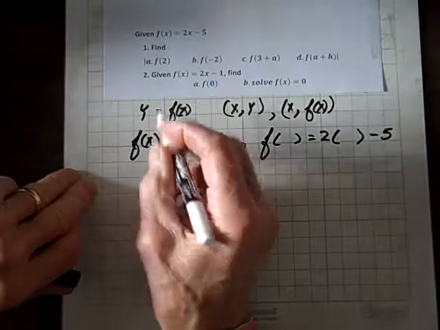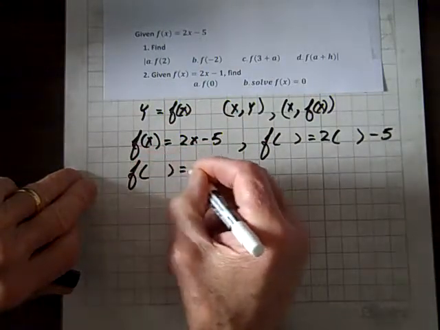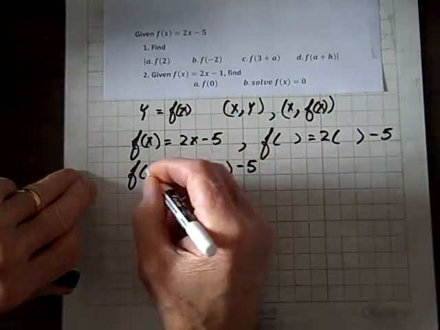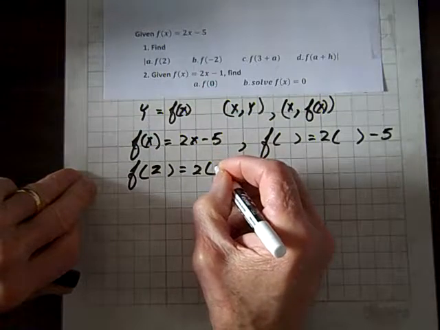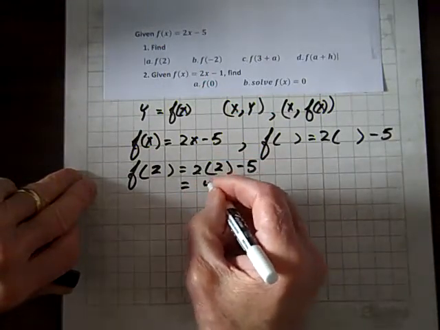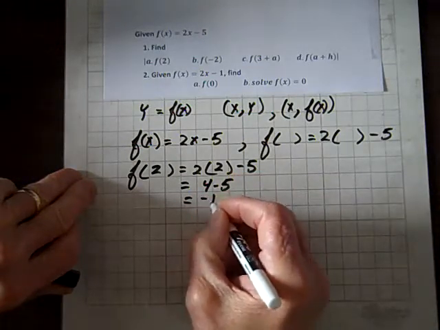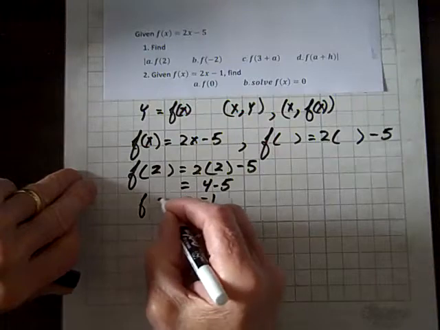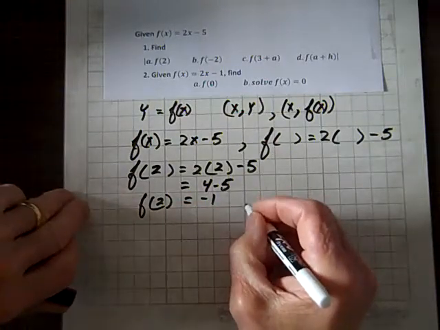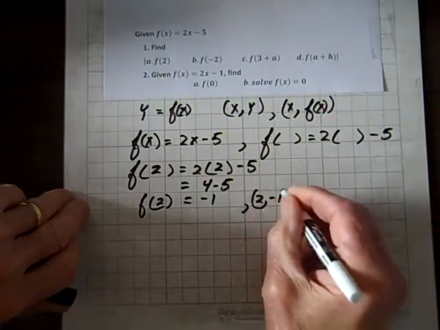So for example, if we're talking about f of 2, if we put a 2 here, we have to put a 2 there. And 2 times 2 is 4, minus 5 equals minus 1. So f of 2 equals minus 1. By the way, the corresponding ordered pair would be 2, negative 1.